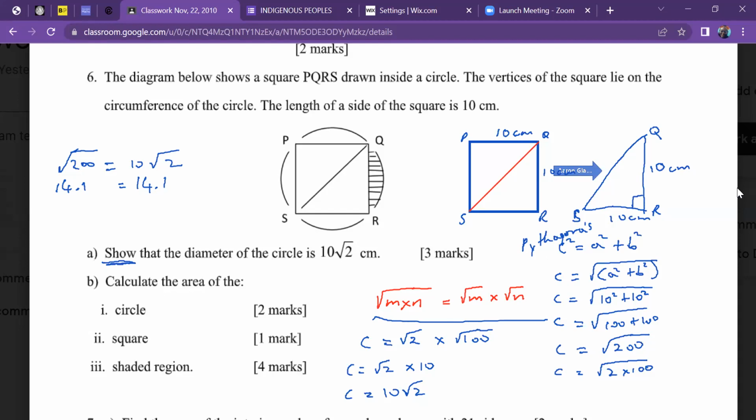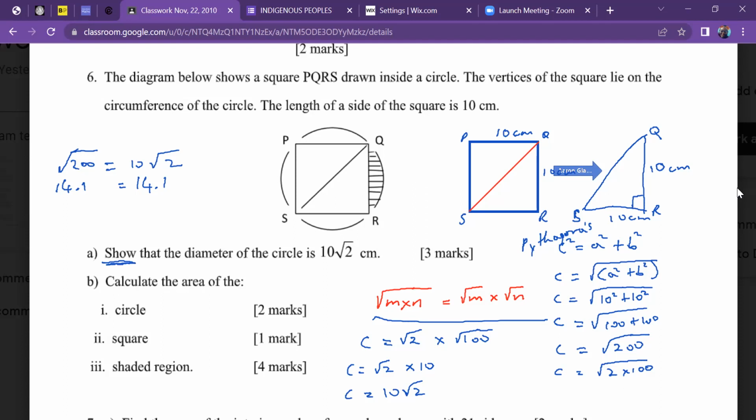We solve for c, and we see that c is the square root of 200, which is also equal to 10 root 2. Because those two are equal, the square root of 200 must be equal to 10 root 2. The diameter is 10 root 2 centimeters.